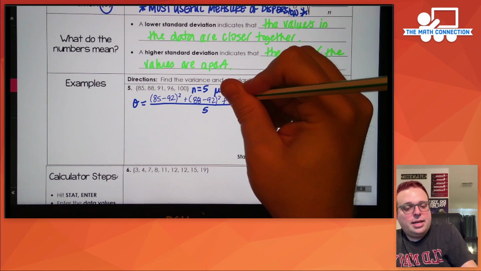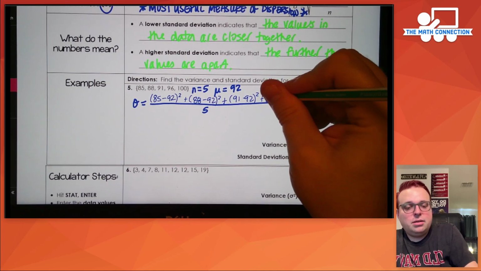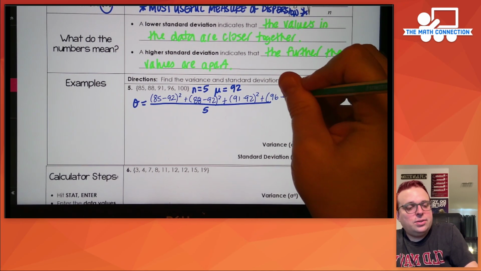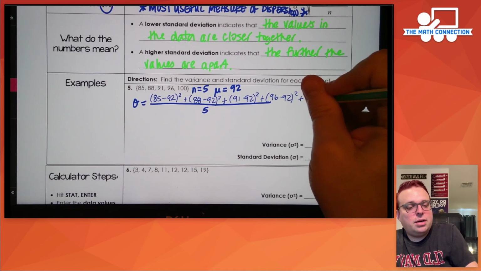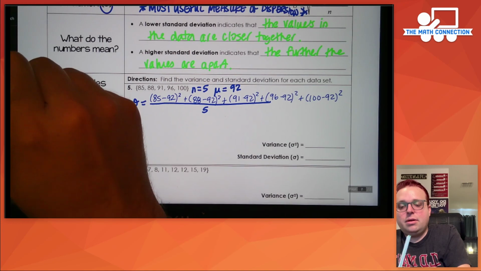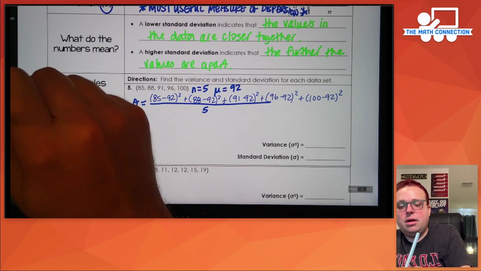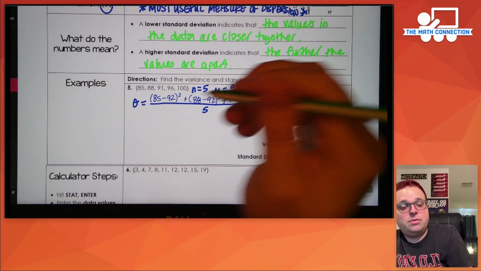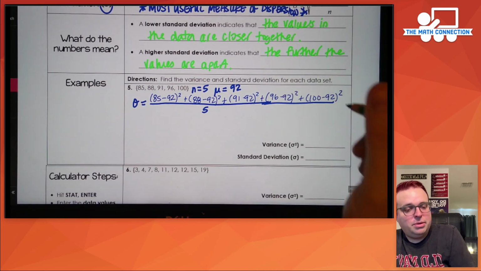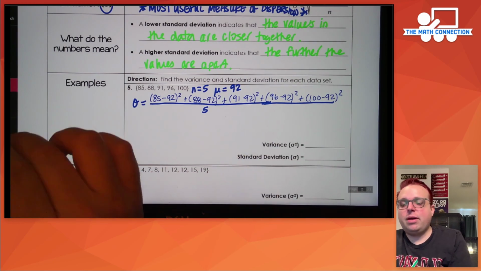You take 91 minus 92 squared. See, I'm running out of room again. 96 minus 92 squared plus 100 minus 92 squared. Once you find all of those values, then switch this over to 2. Let's make my line a little longer. Once you get all this, then you divide them by 5, okay?